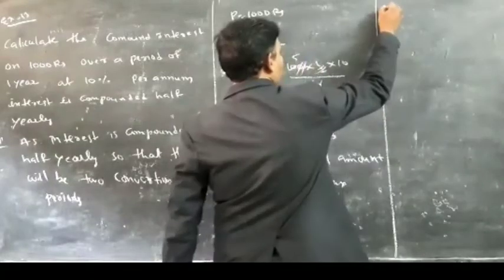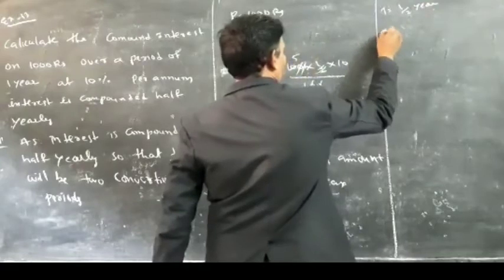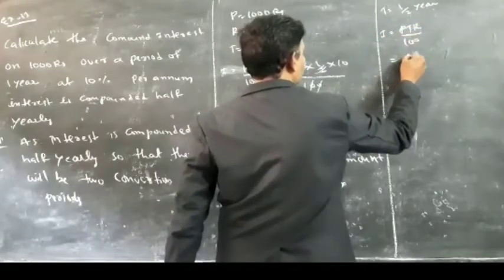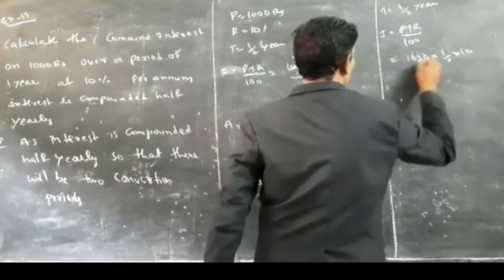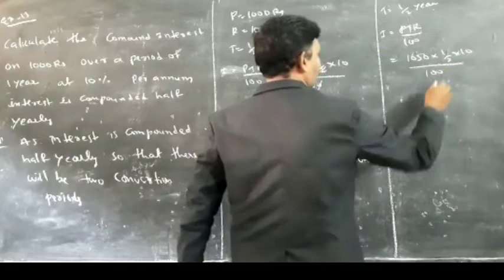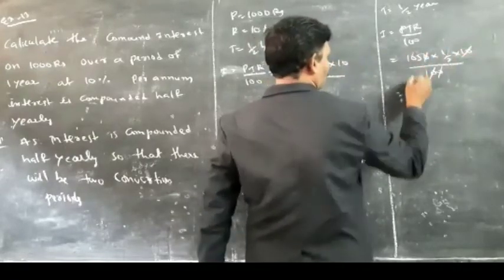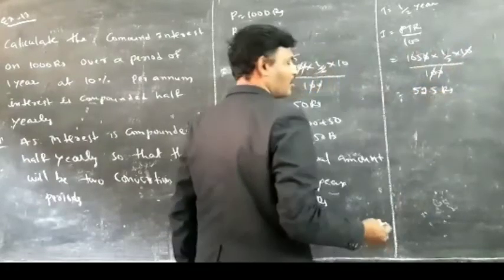And time duration T is equal to the next half year. I is equal to PTR by 100. P means 1050 into 1 by 2 into 10 by 100. 0 gets cancelled. 2 5s are 10, 2 2s are 4, 52.5 rupees.